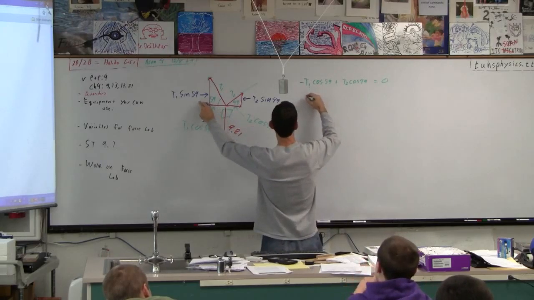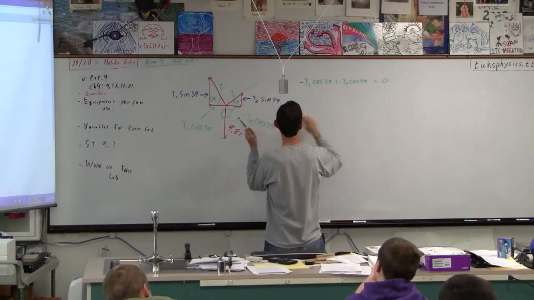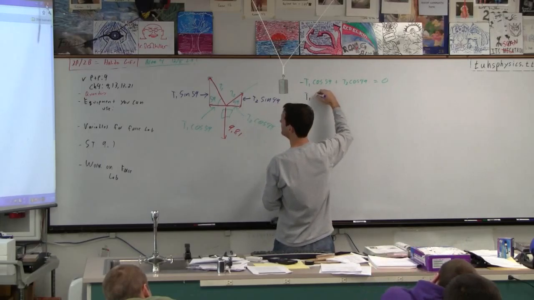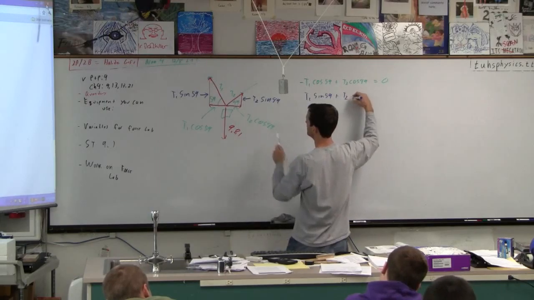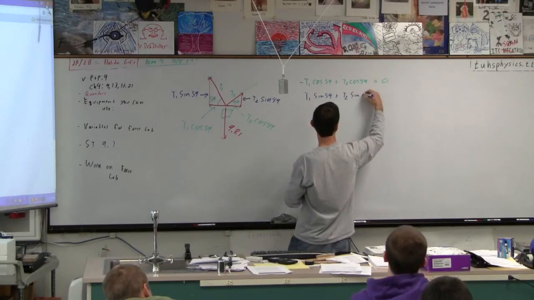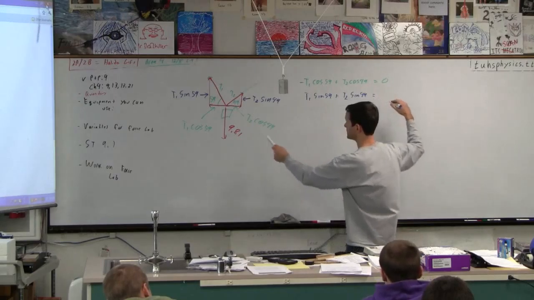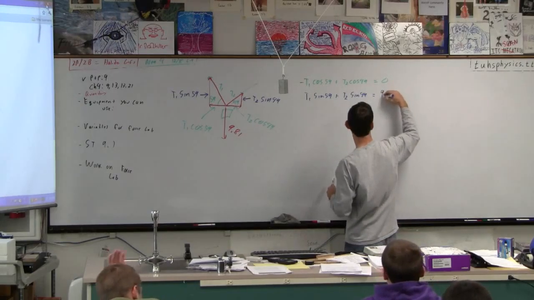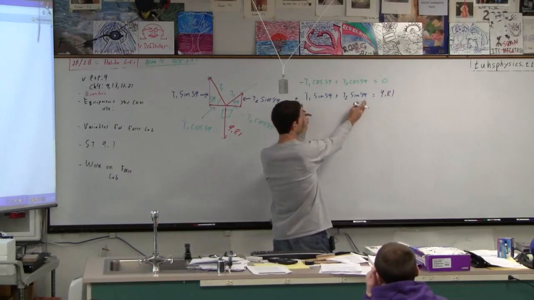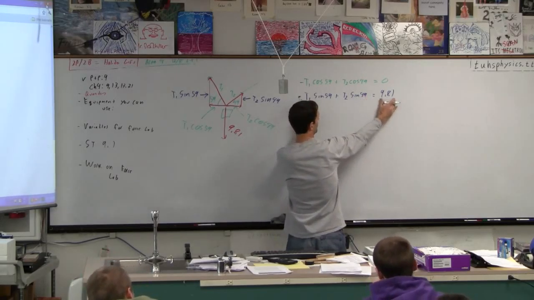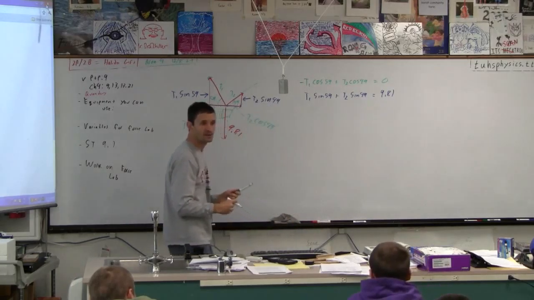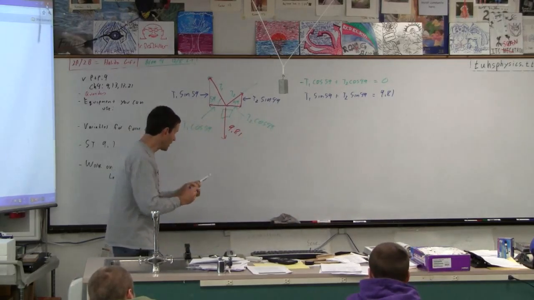And then T1 sine 59 plus T2 sine 49 equals the downward force, right? So the sum of the upward forces equals the sum of the downward forces, yeah?